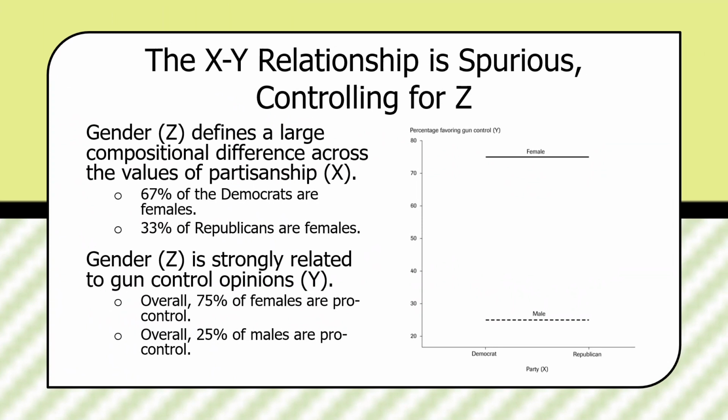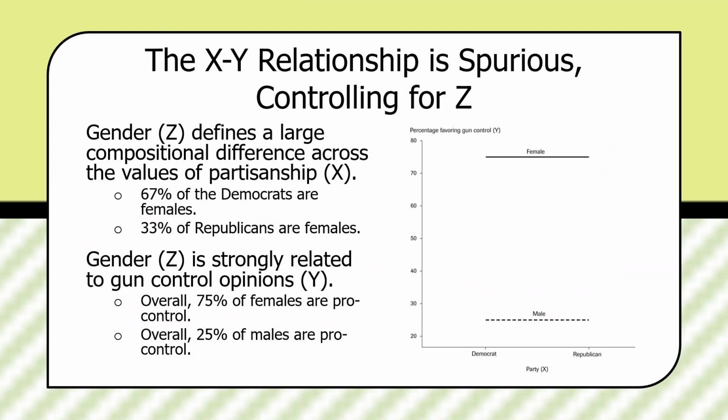Finally, when we hold gender constant, that was the last observation that was made about the graphic. Of the Democrats, 75% of the female Democrats, 6 out of 8, are pro-control, compared to 75% of female Republicans, 3 out of 4. Now again, there are a lot more female Democrats than female Republicans in this representation, but when you control for that, you see that identical percentages are in favor of control.